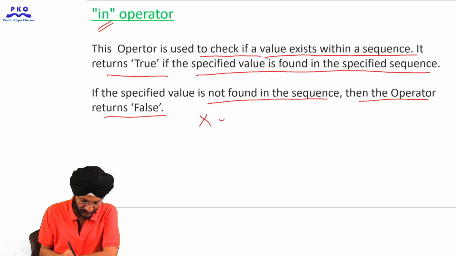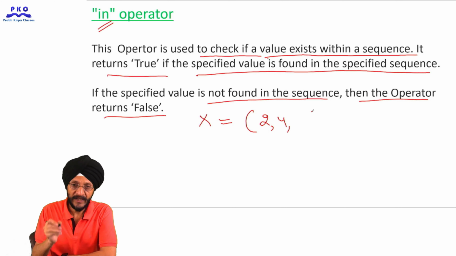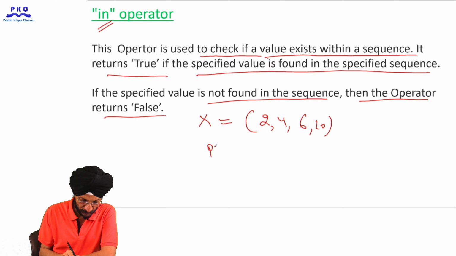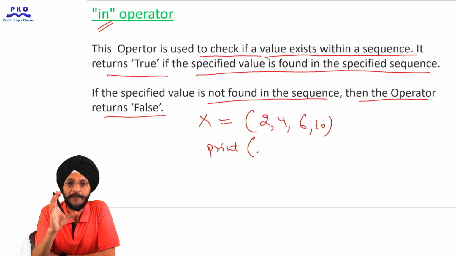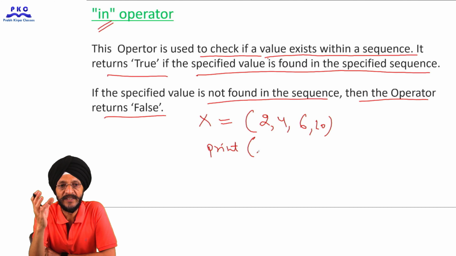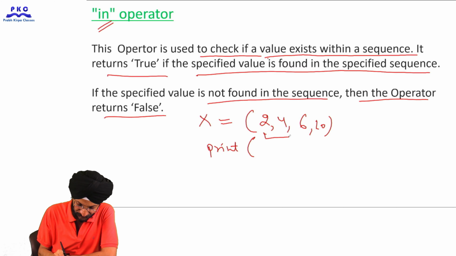Suppose we take a variable x and these are the values or elements stored therein. Now we use the print function to find out whether a specific value is there in a sequence. This is the sequence.